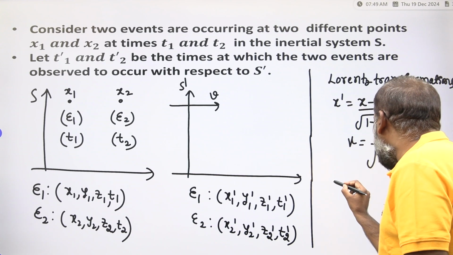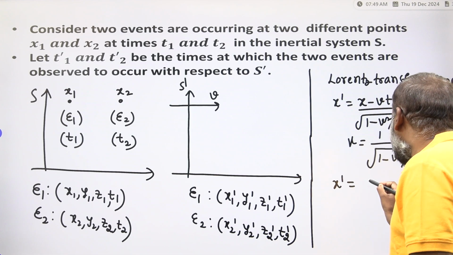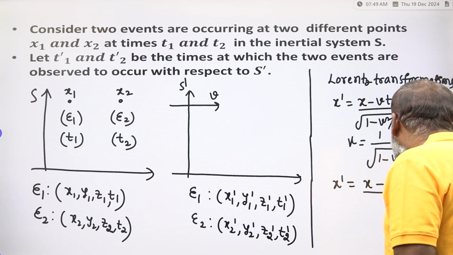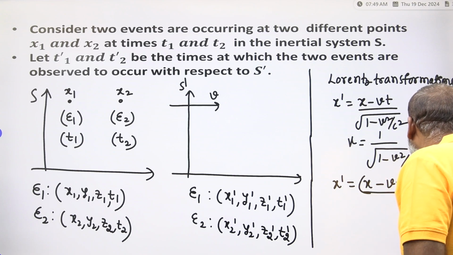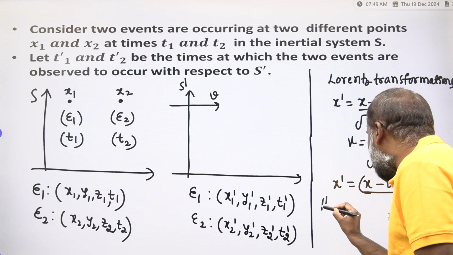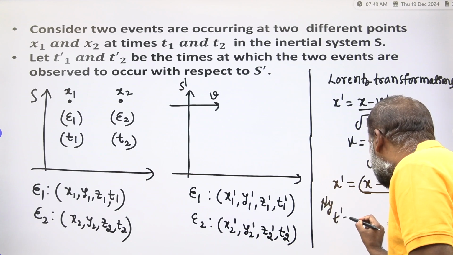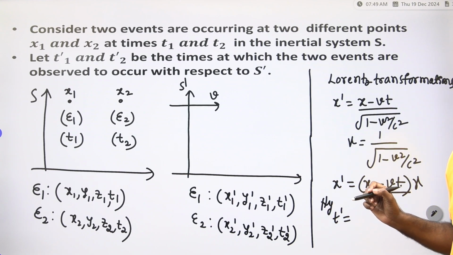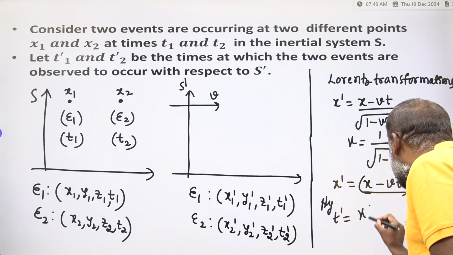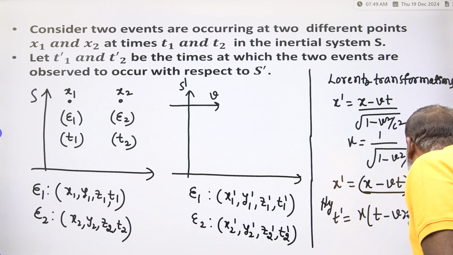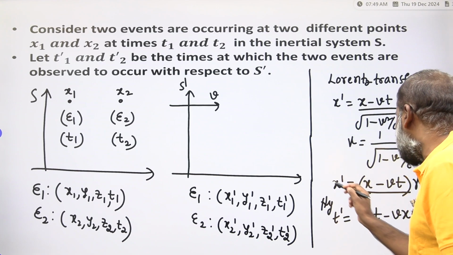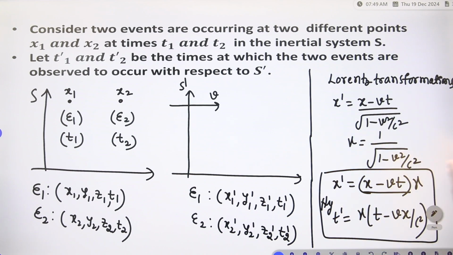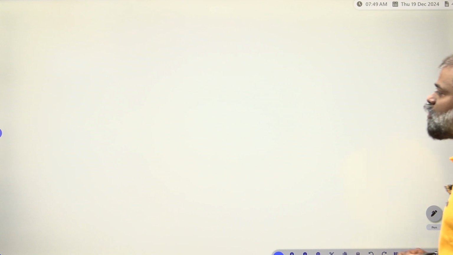Therefore x dash is equal to gamma into x minus vt. Similarly, t dash is equal to gamma into t minus vx by c square. These two expressions we have to use, and we take them as simultaneous equations to derive the result.